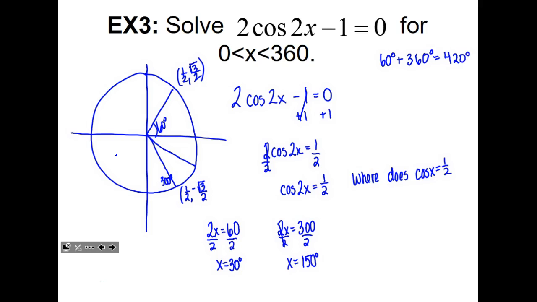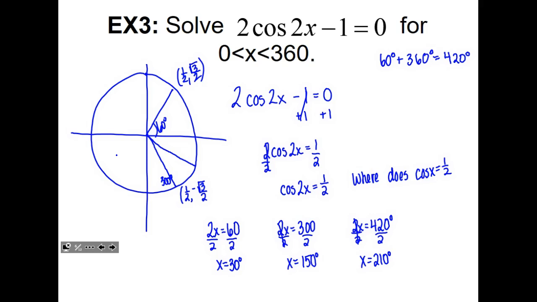Alright, so 420 is another place where cosine of 2x equals 1/2. So if I've got 2x equals 420, and I divide by 2, x equals 210. Is that still between 0 and 360? It is. So that's also an answer. Even though 420 is not in the right range, when you divide by 2, it is.